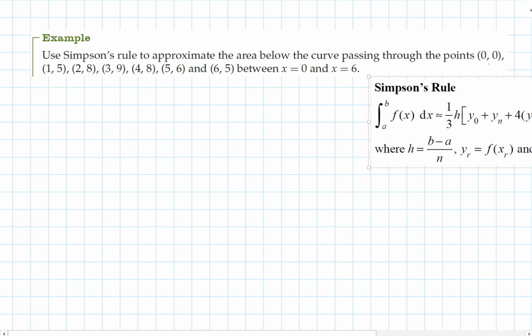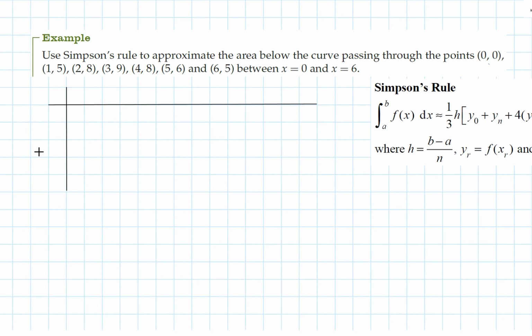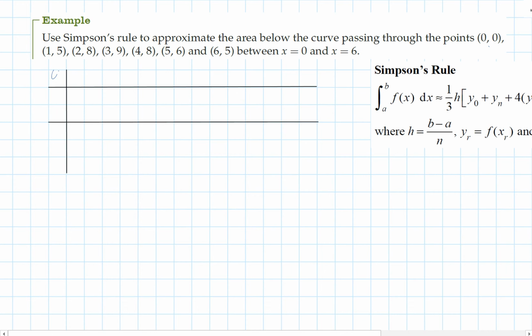What I want to do first of all is make up a table like we did last time. So there's our table, and we'll put in a bit there. Okay, so we'll start with our intervals, what we call them.